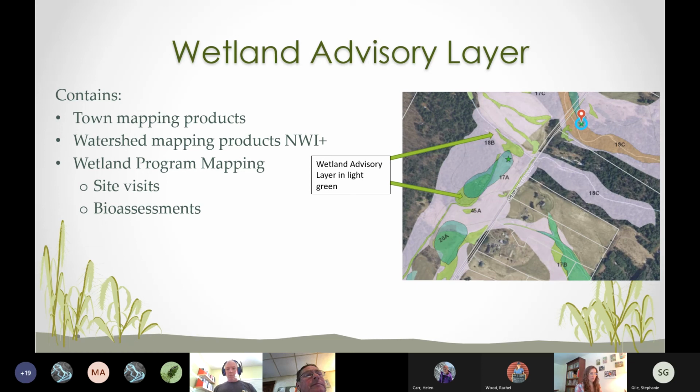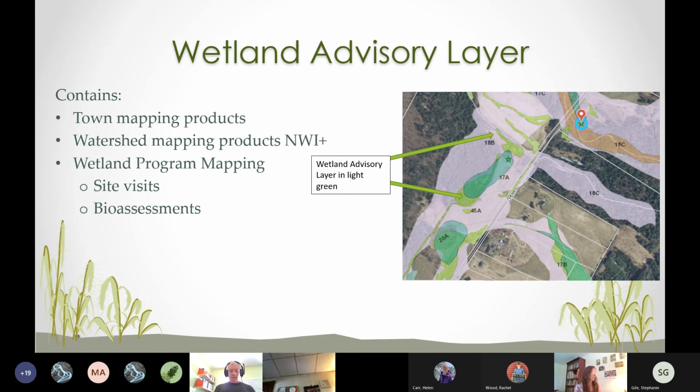And so there are a handful of towns that have this advanced mapping. It was the same kind of structure that NWI happened with. So there were aerial photos, but they were newer aerial photos. And there was a certain level of ground proofing in a lot of those towns. So those got added to the advisory map.